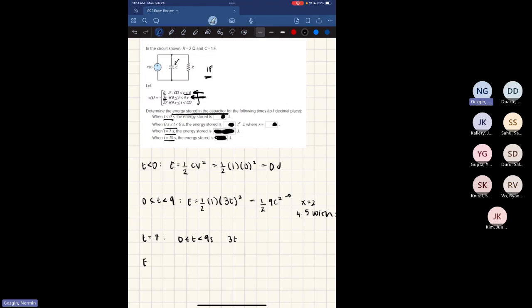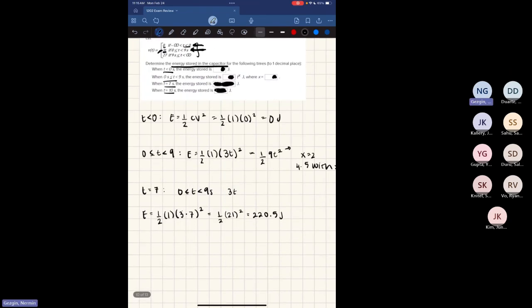So what we get is E is equal to 1/2 times the capacitor value times 3 times 7. Again, the 3 comes from this function here, and the 7 is what we're given. So we multiply those and we square them. From this, we get 1/2 times 21 squared, which is equal to 220.5 joules.